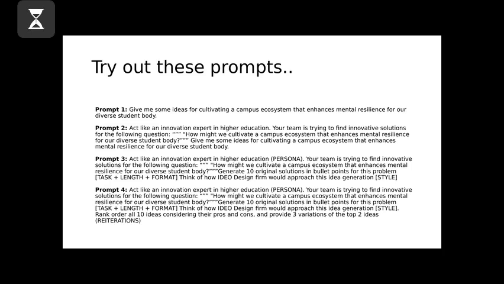Again, please try out these prompts, but do not try them out in the same session. Start a new session for each prompt, because AI has the capability to remember your previous conversations, so that you can see the drastic changes in the output and how the output improves based on each prompt.